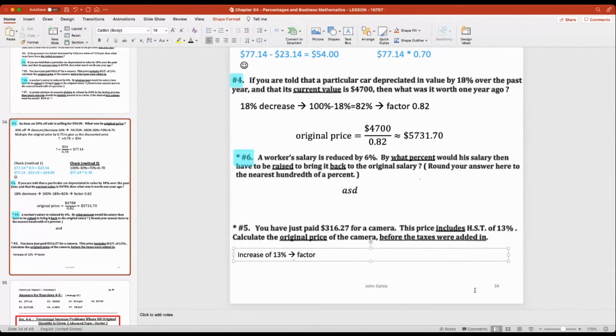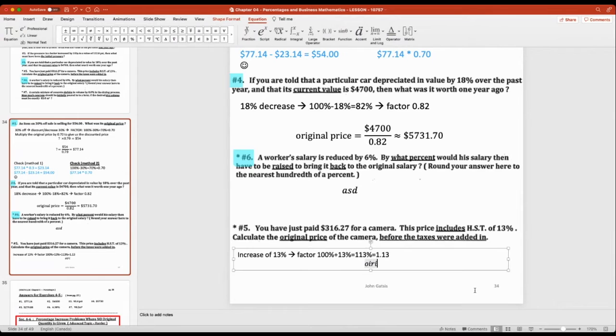The factor is going to be 100% plus 13%, so that becomes 1.13. Then the original price is equal to $316.27 divided by 1.13. You're expecting the answer to be smaller because before tax, it should be a smaller number.